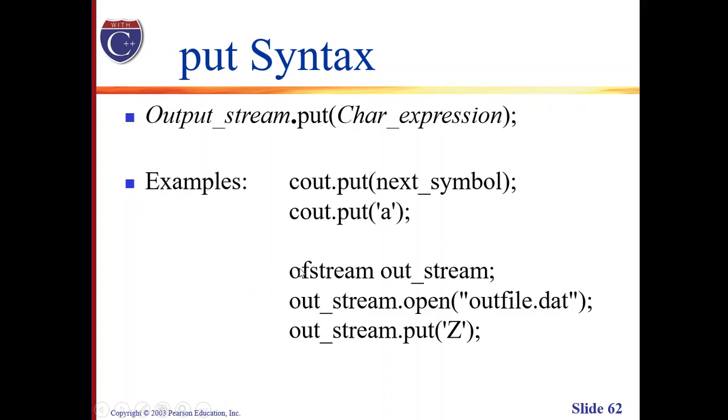And in this case, we would like to call the open function for our stream object, which is linked to an output file. And in this case, we would like to put the single character Z into this file.